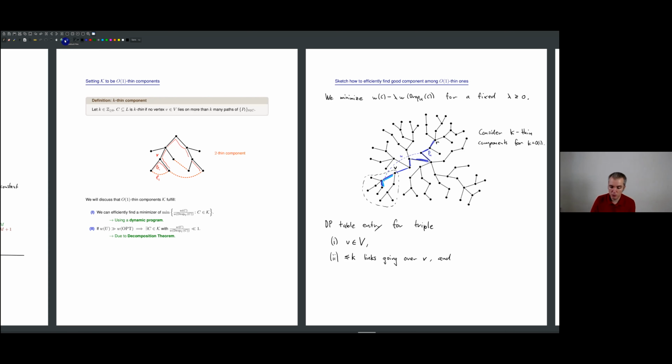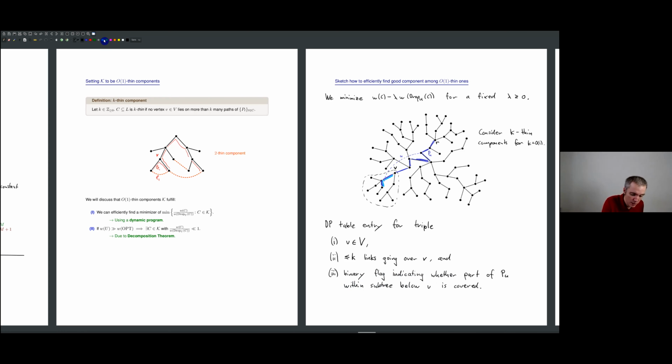So I will also have a binary flag that tells me whether I covered this part or not, whether the part of PU within the subtree below the vertex V is covered.